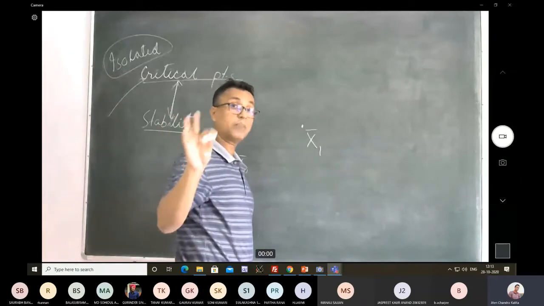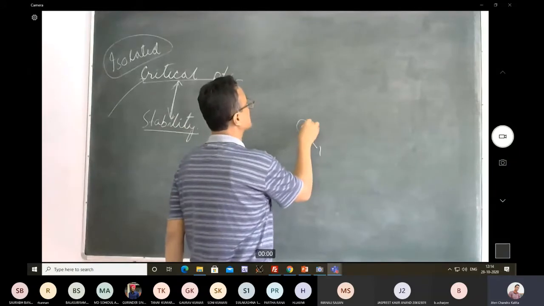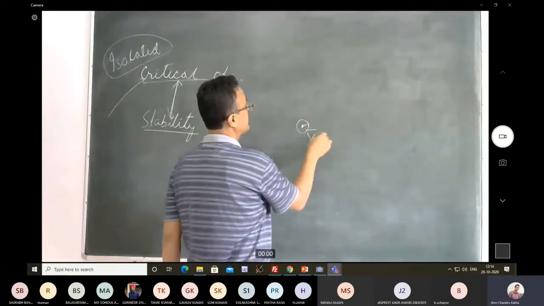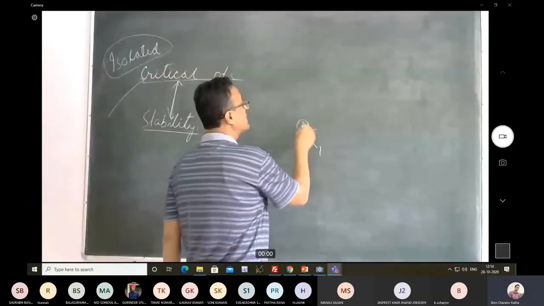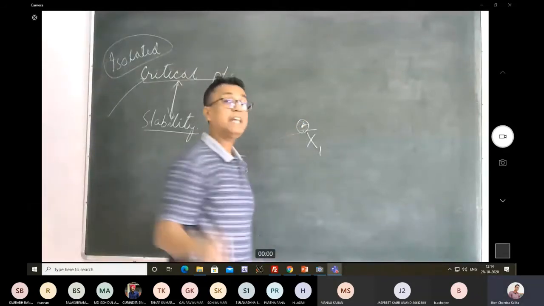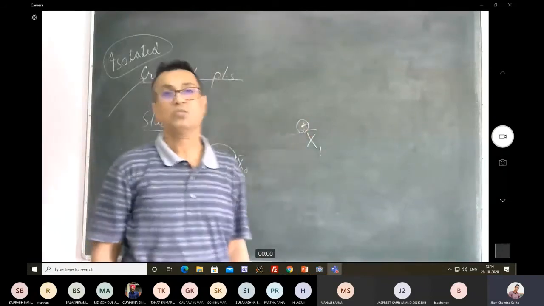I am considering a plane autonomous system here. If I can find a very small circle centered at the point x1 in such a way that in this circle you cannot find any other critical points, then we say that this particular critical point is an isolated point.